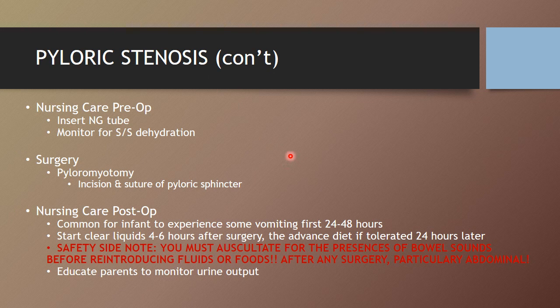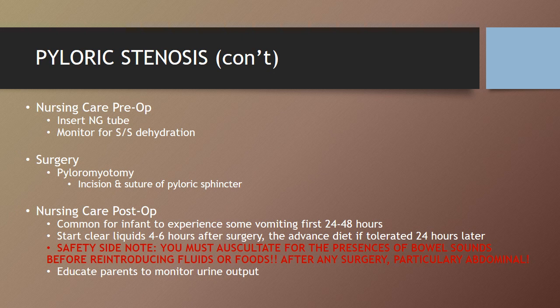The surgery is called a pyloromyotomy. Okay, and it's where they actually do an incision to open up that pyloric sphincter wide, and then suture it back up after it's dilated out.